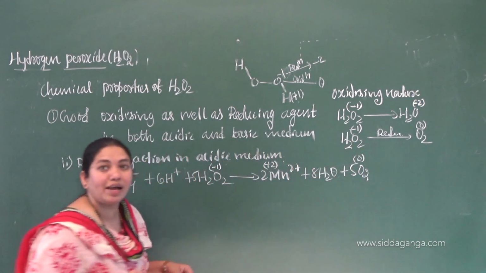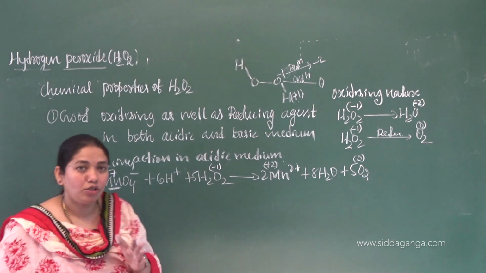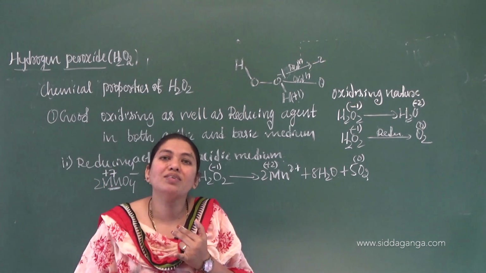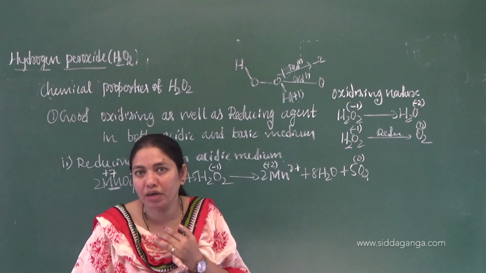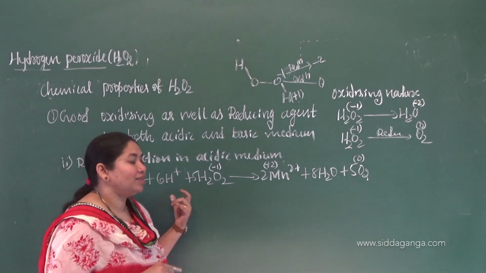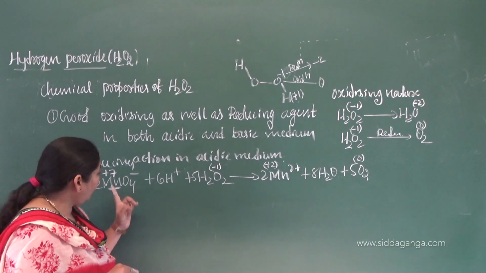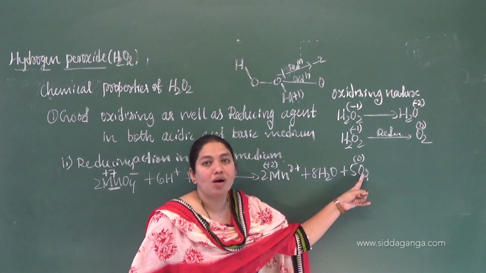Second category of reaction. Remember that whenever hydrogen peroxide acts as an oxidizing agent, it oxidizes others and reduces itself to water. The product will be water. Similarly, whenever hydrogen peroxide acts as a reducing agent, what do you have to remember? It reduces others and oxidizes itself to oxygen.